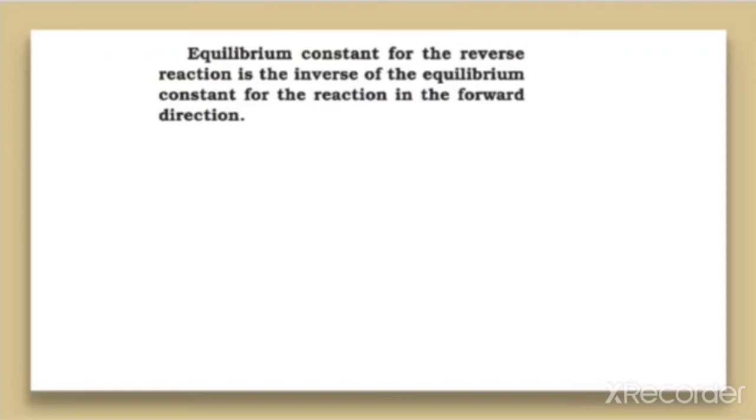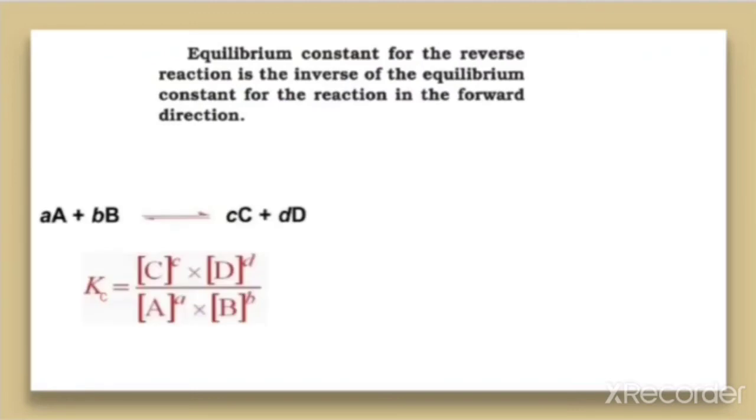In order to explain this concept, let us take a general equation A plus B giving rise to C plus D. The expression of our equilibrium constant is represented here: Kc is equal to [C] to the power c into [D] to the power d, divided by [A] to the power a into [B] to the power b. What will be the reverse reaction for this equation?